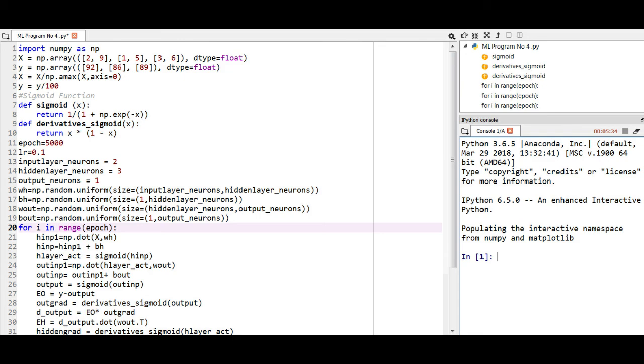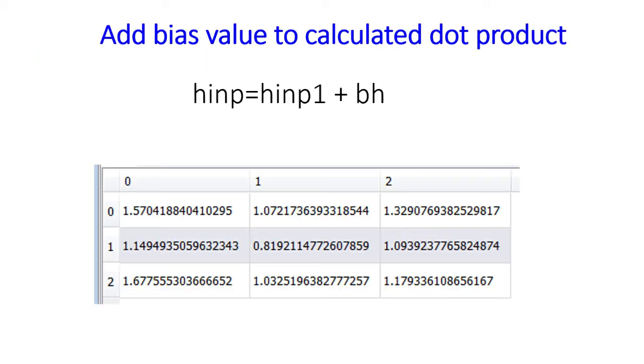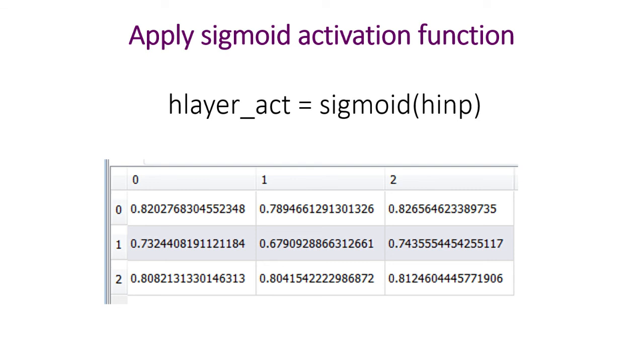We will calculate the dot product of x and their weight, that is input and their weight. We will add bias value to calculated dot product, that is hidden_layer_input is equal to hidden_layer_input1 plus bh. For the calculated dot product, we will apply the sigmoid activation function.